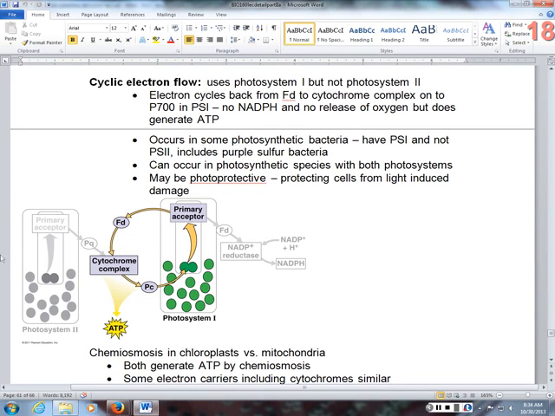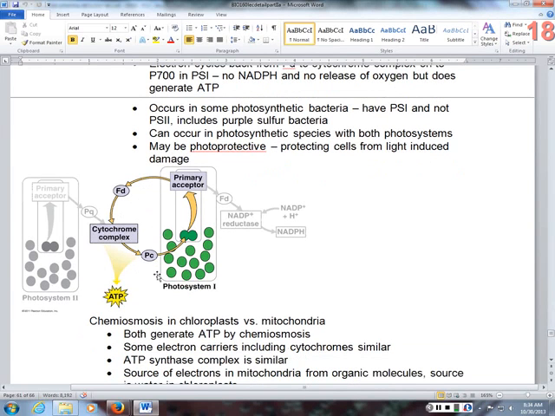With linear, you have to go through both. So what is in the gray, black, and white here is the processes you have from linear, and with cyclic, it's just the smaller amount. So different organisms will use different types. It's mostly a bacteria thing that you're going to see this cyclic electron flow.